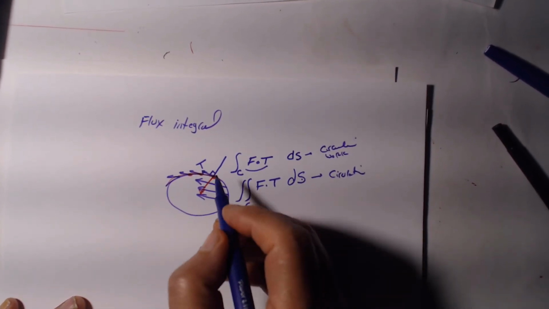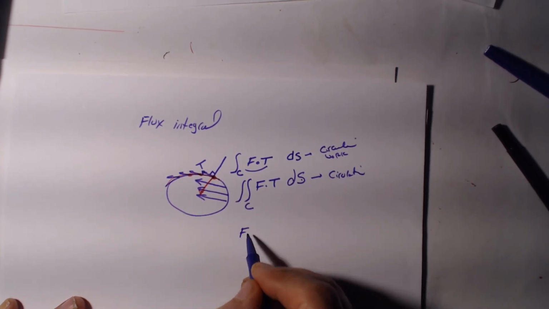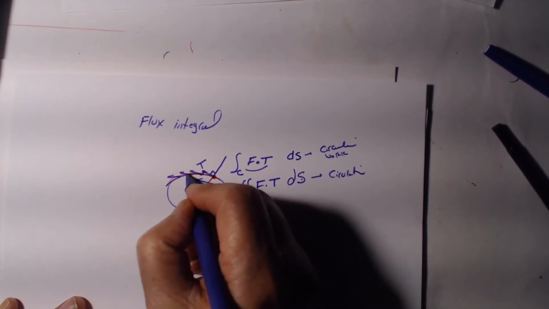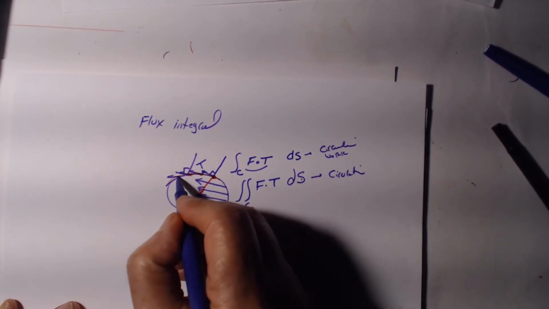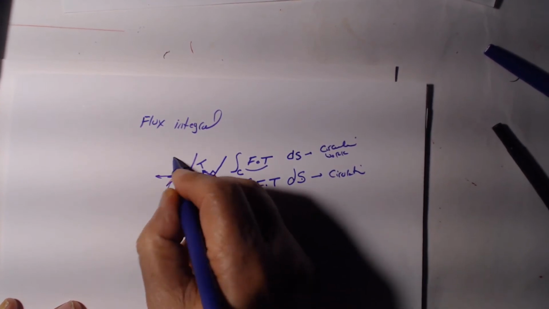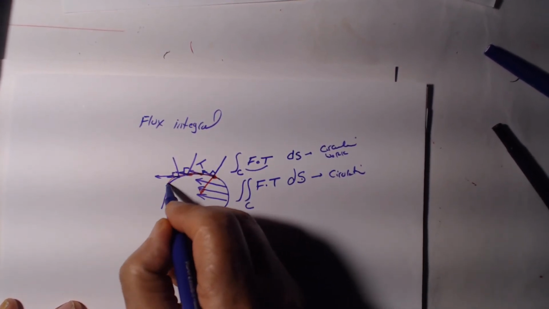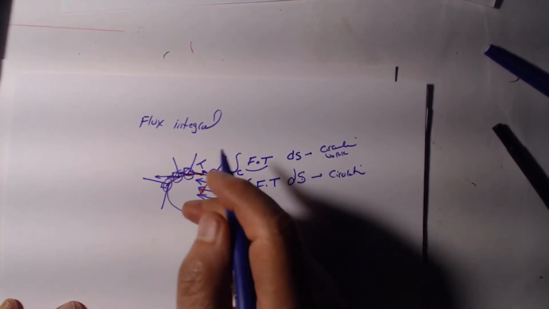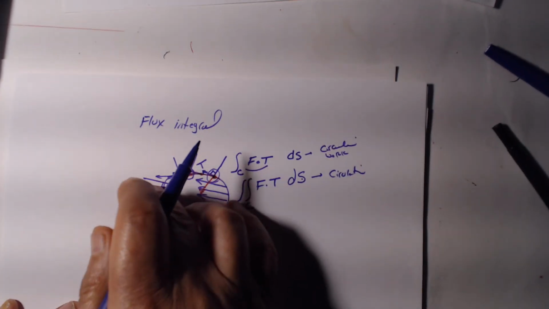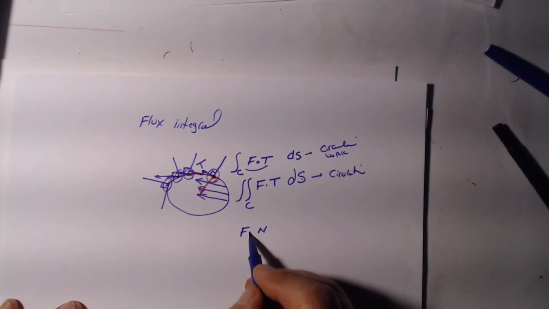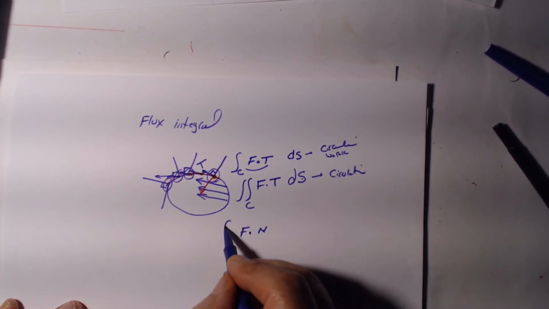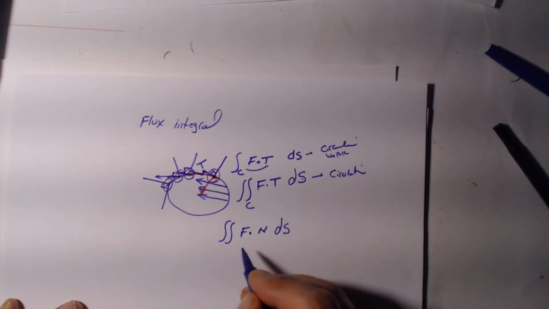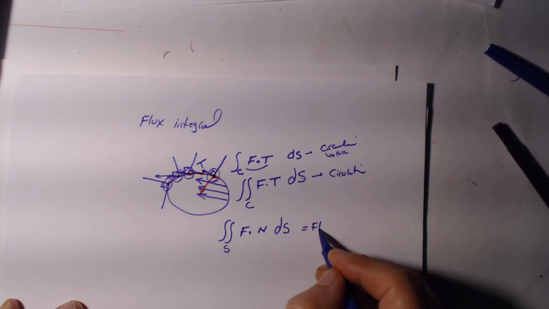But if you take the projection of that vector field over the normal vector, so this tangent vector and this normal vector, and you have a normal vector at every given point, and find the cumulative sum of all the dot products of the vector field with the normal vector, and sum it up over the surface, that's called flux.